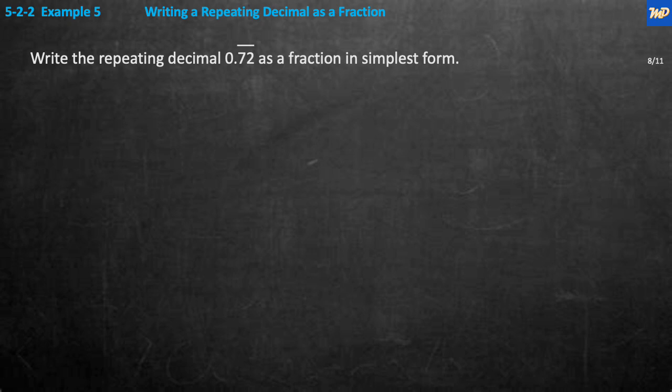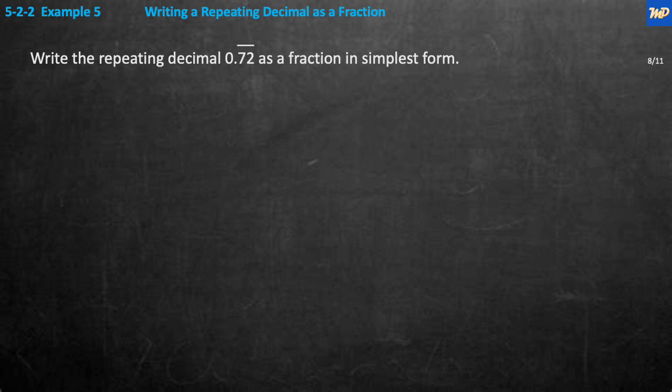Okay, example 5, writing a repeating decimal as a fraction. It says, write the repeating decimal, 0.72, as a fraction in simplest form. Okay, well, this is a procedure that you kind of have to follow to do this. So watch and we'll go through it.